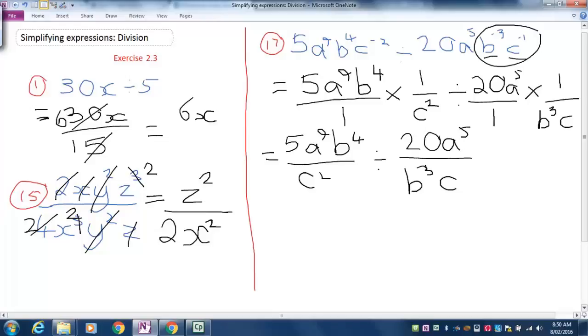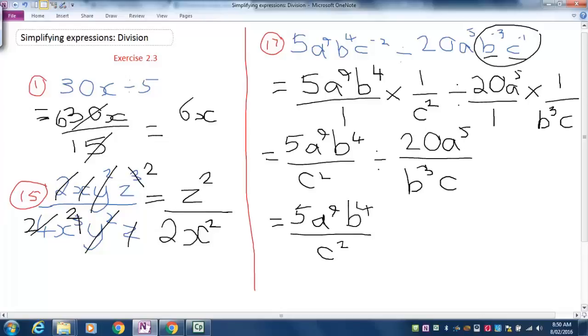Now I'm going to use my fraction division rules. So to divide a fraction, we begin by writing the first term out exactly as it is, so 5a to the 9b to the 4 over c squared.